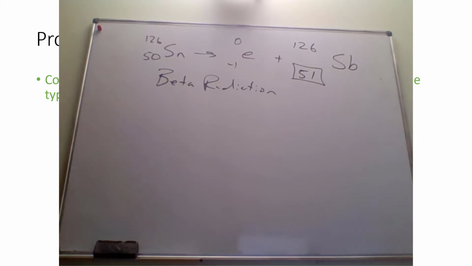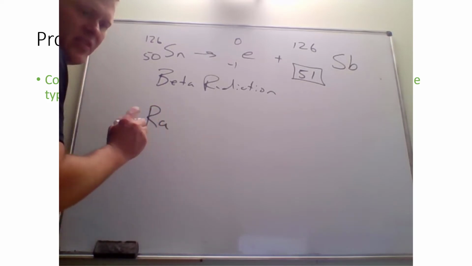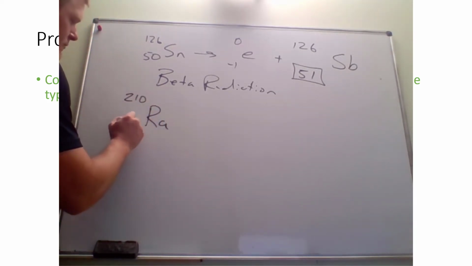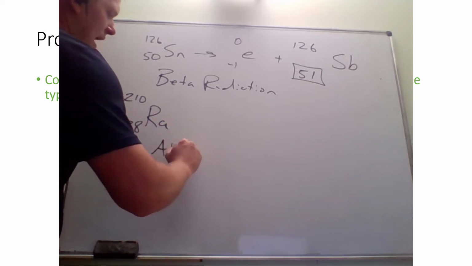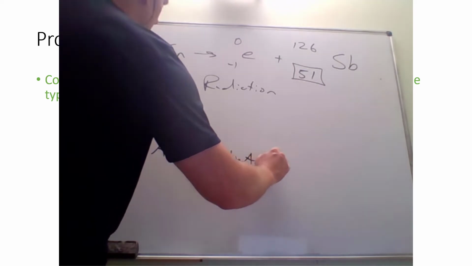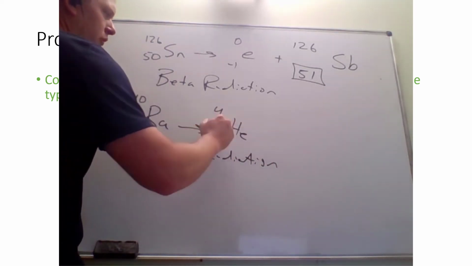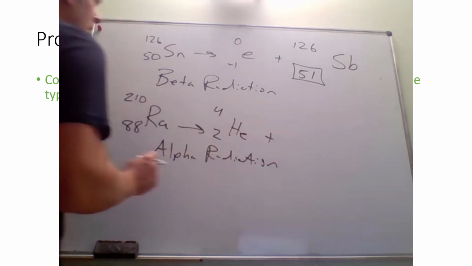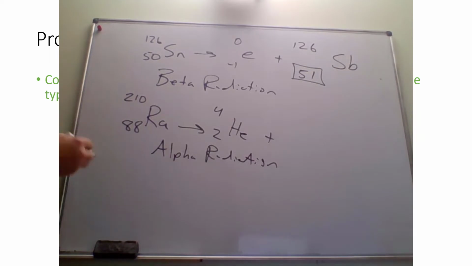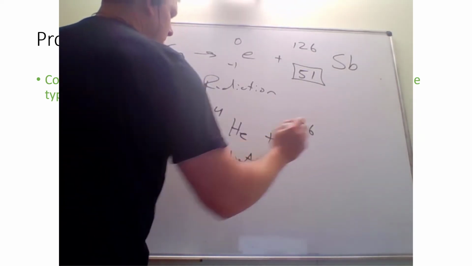The same sort of idea for the next one: if we started with that radium, 210, 88, and we told you that this went through alpha radiation, you should be able to tell me that we had a helium particle, 4-2, and so this tells us that a number plus 4 is going to be equal to 210, which would tell us that the value has to be 206.